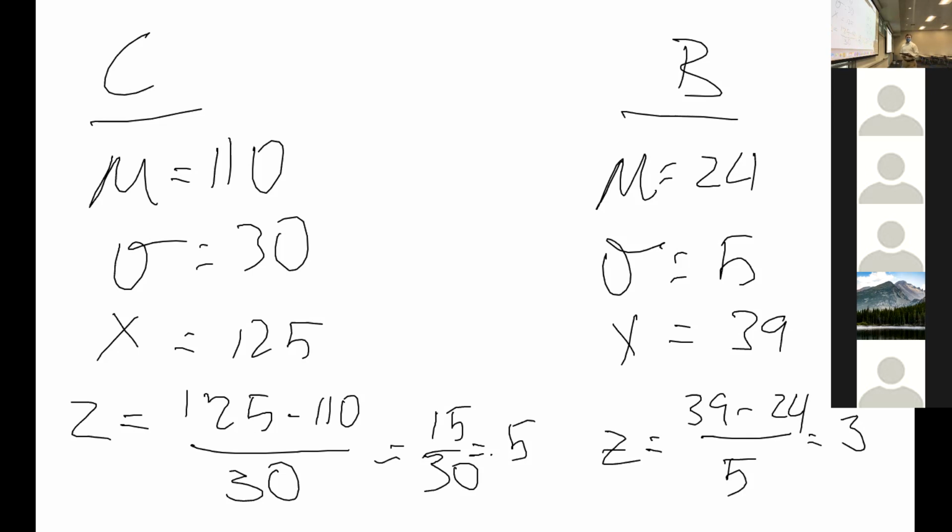Boston, yes, exactly. In fact, it was 3 standard deviations worse, right? So even though you had 15 inches over average in both cities, because you have a smaller standard deviation here, it was substantially worse in Boston.